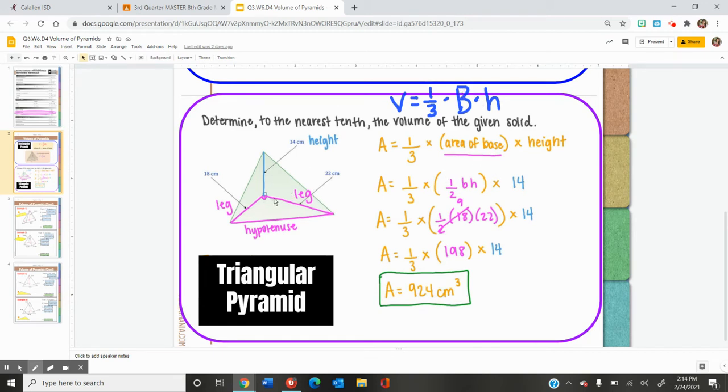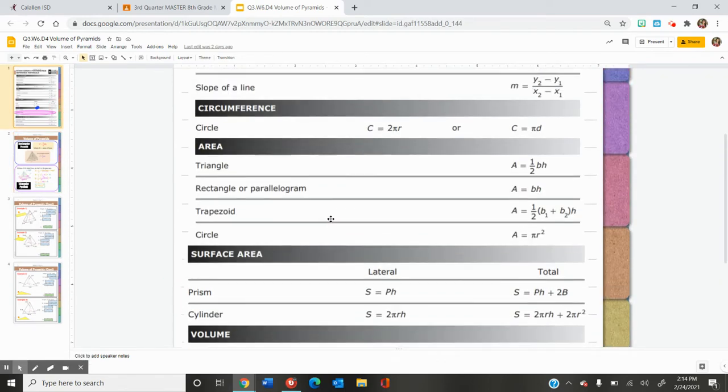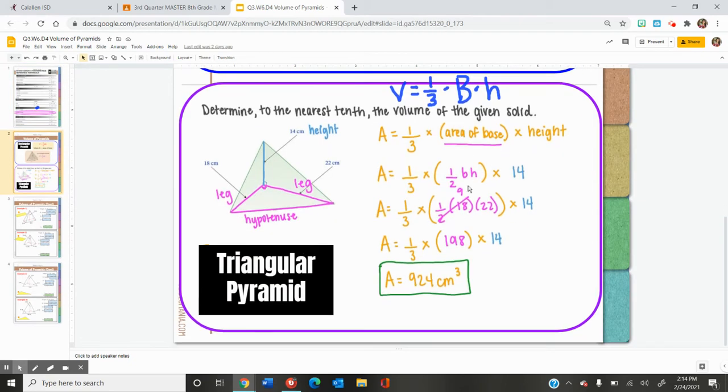So since my base shape is a triangle, going over here, the area of a triangle is area equals 1/2 base times height. So that is what they substituted here. And the height that you use to find the area of your base is different from what you use for the height here.